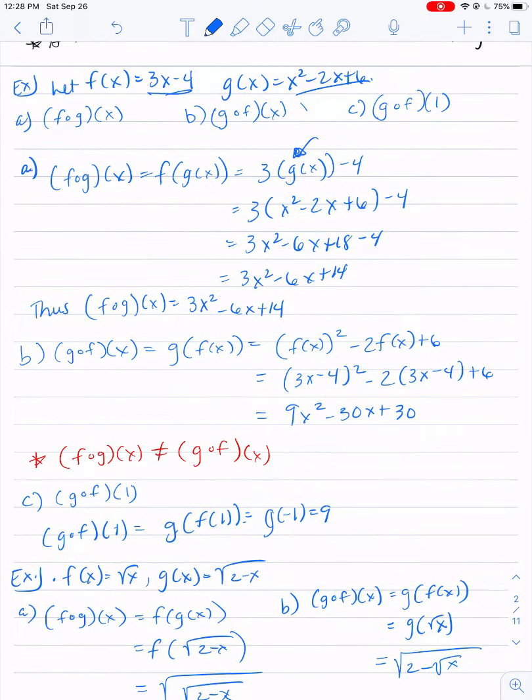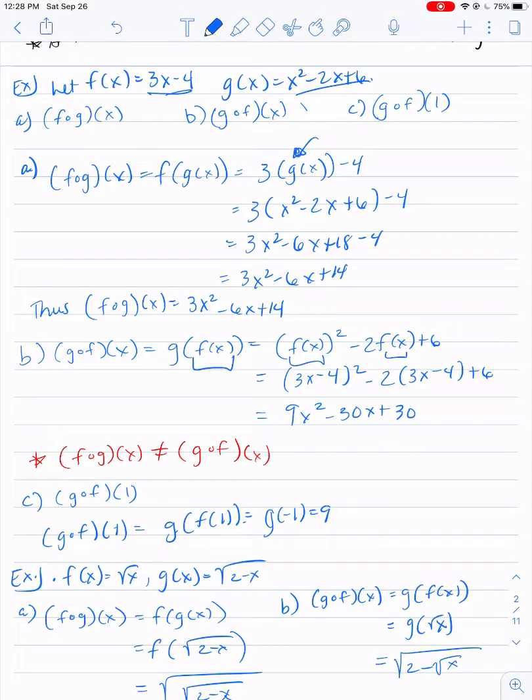So for b, we're doing g composed with f of x. So we're substituting our f of x into our x value for g of x. So our g is x squared minus 2x plus 6, and we're plugging in f of x wherever we see an x. So we have f of x squared minus 2 times f of x plus 6. So plugging in our f of x, 3x minus 4, we get 3x minus 4 squared minus 2 times 3x minus 4 plus 6.